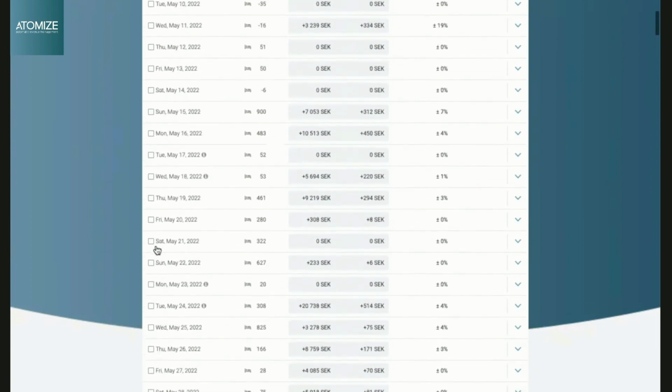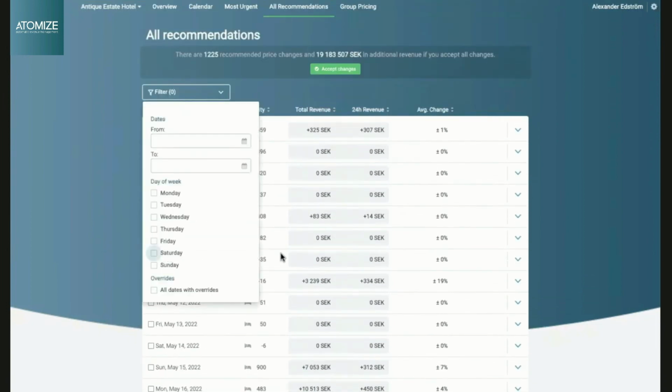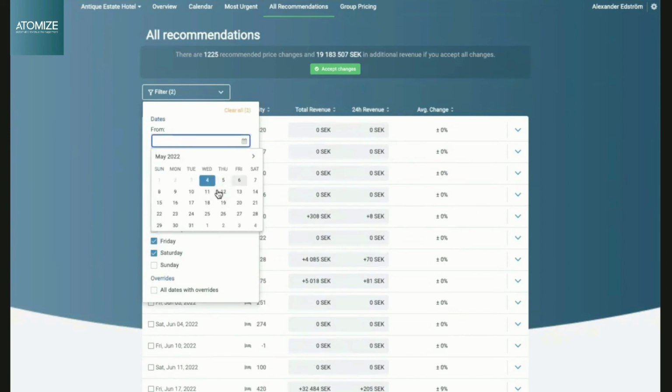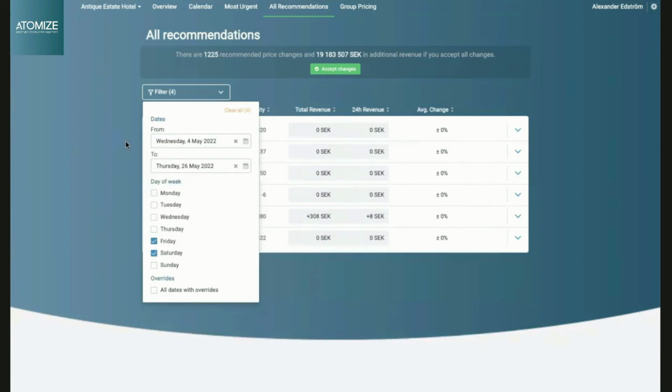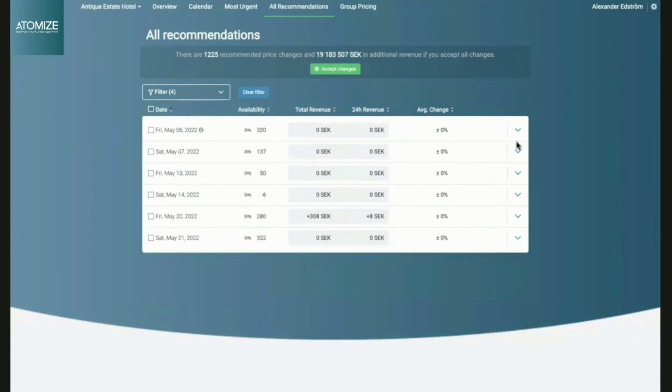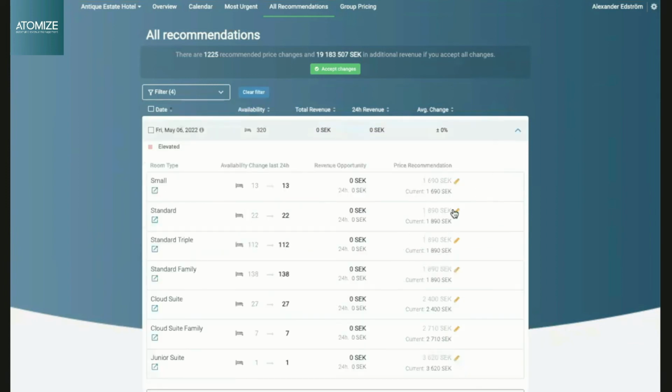So if you want to focus on, for instance, Saturdays or Fridays during a certain time period, you can sort that out quickly as well. So it's very easy to work with. Now we're sorting out Fridays and Saturdays in this window, and you can easily work with these rates if you want to ring fence a certain time frame, as you said.